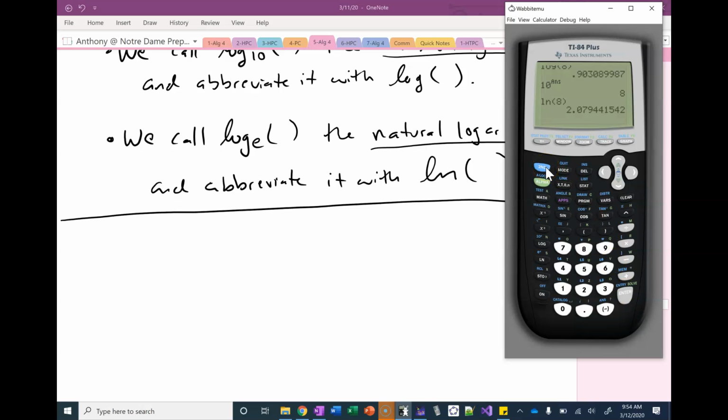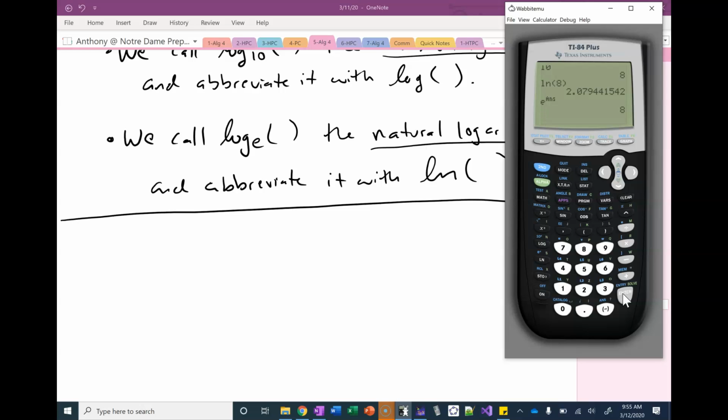Why is it the power of e? Because ln is log base e. So if I wanted to check that, I can do e to the answer, which gives me 8. Everybody okay there?